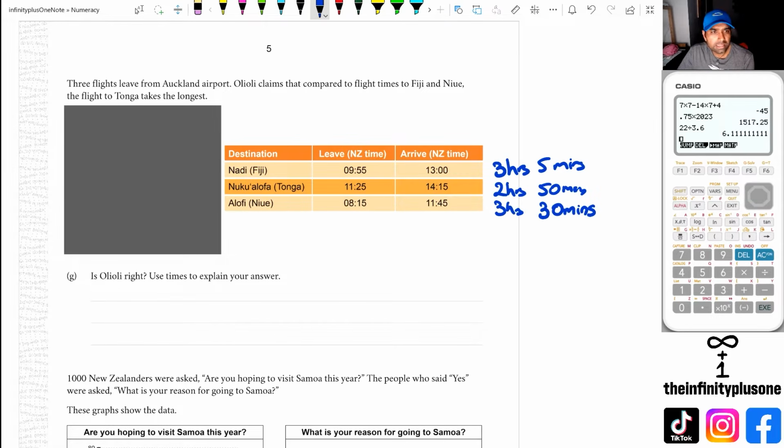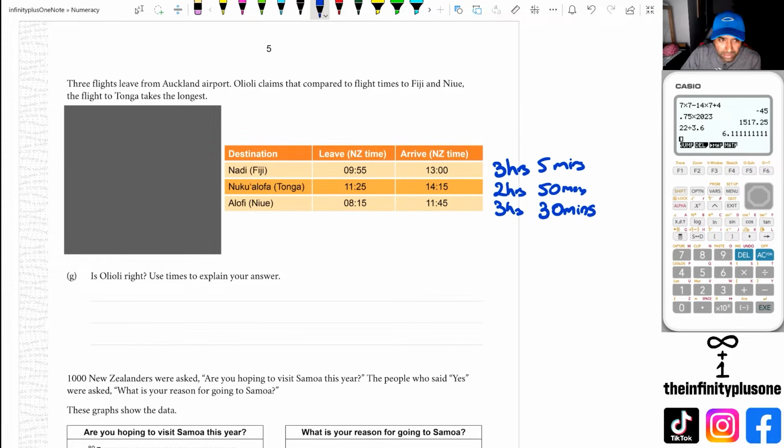Now, once that's done, Oli claims that flight times to Fiji and Niue are bad, flight to Tonga takes the longest. I think we can say that Oli is incorrect because Tonga actually takes the shortest time. It only takes 2 hours 50 minutes compared to Fiji and Niue.